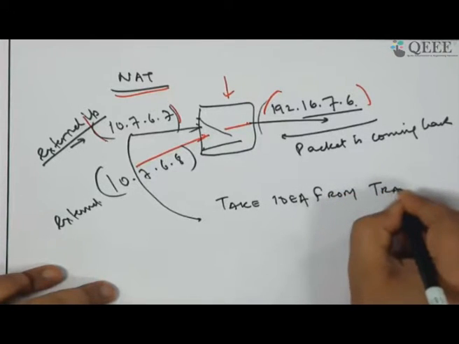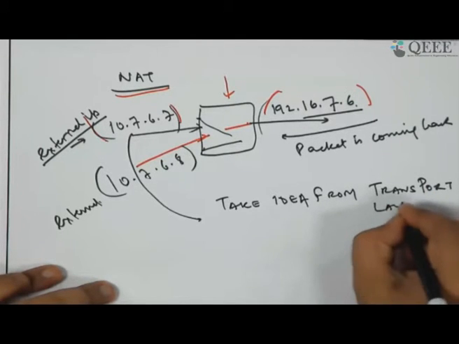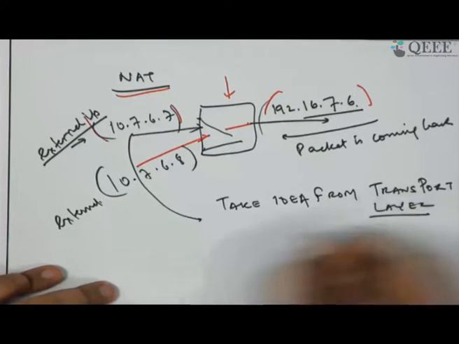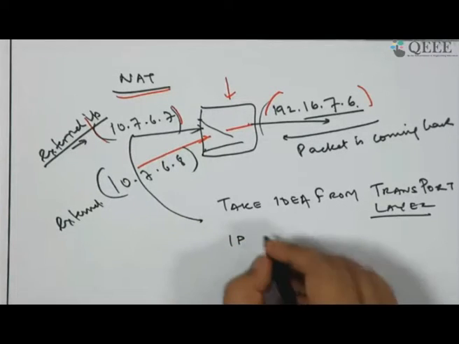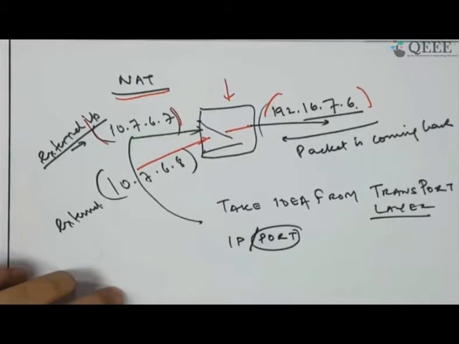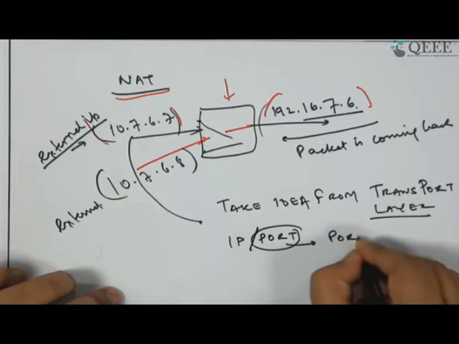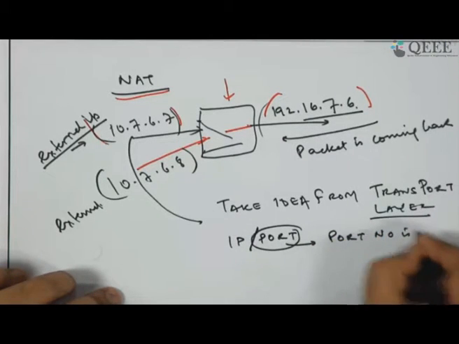the transport layer. So in the transport layer, what is there? There is an IP address and there is a port. So now this port number is used.